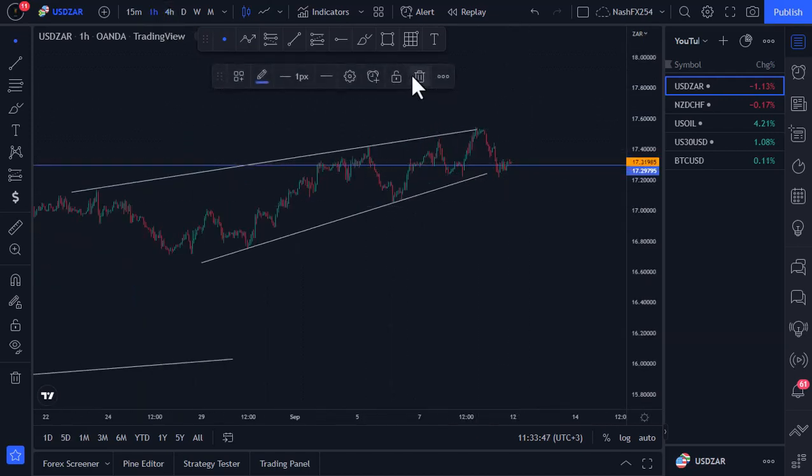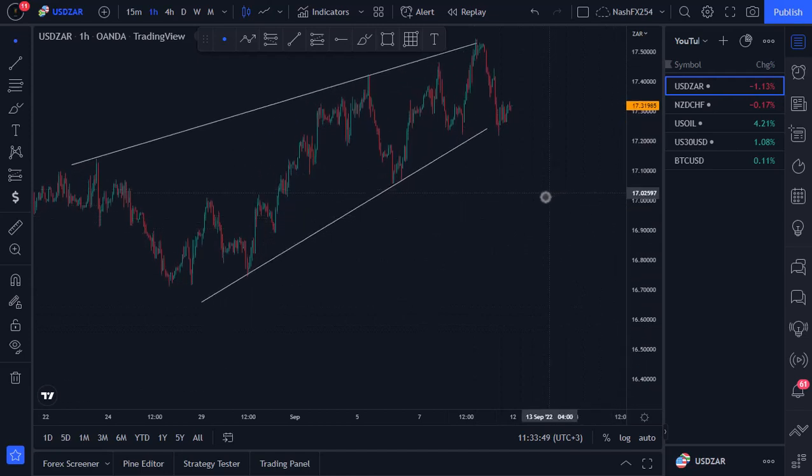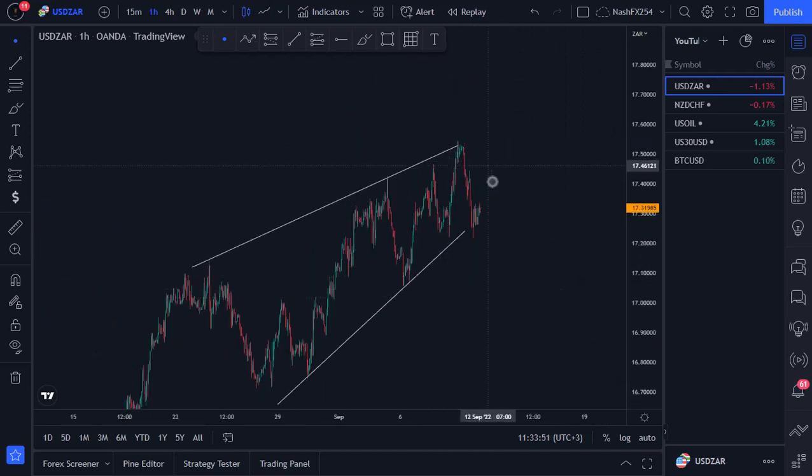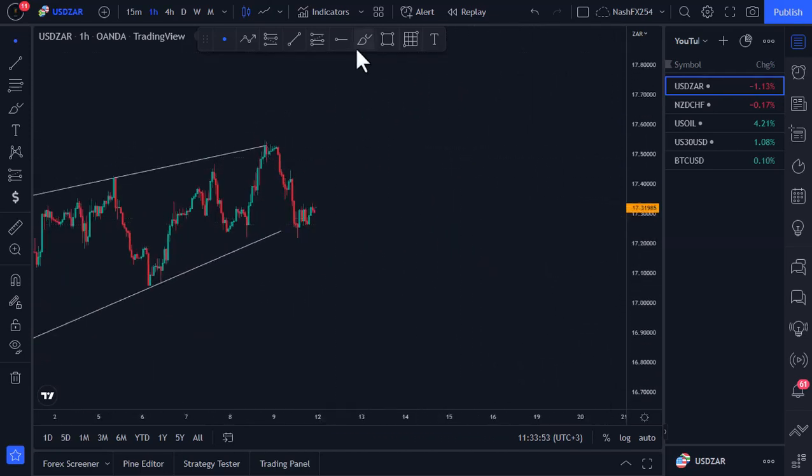Now we can get rid of this key area because we have already seen what was happening in those levels. The price did reach our third touch, and what happens is the price has pushed aggressively to the downside. So what you should be waiting for is the correction now for confirmation to enter this market. You'll be looking for that correction over here, then we continue with the price to the downside.